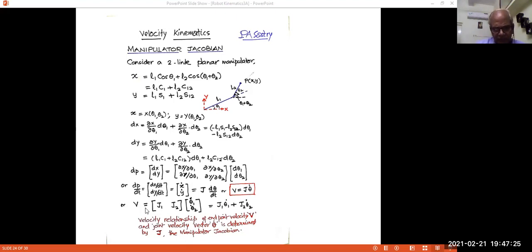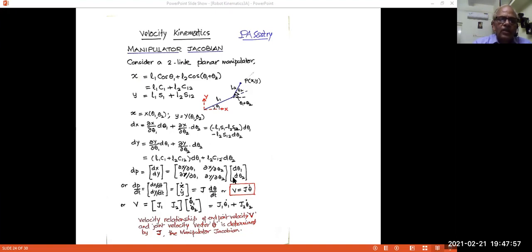If you divide this by time, you will get the velocities. Here, of course, d theta 1 and d theta 2 will become d theta 1 by dt, and so on, which will be theta 1 dot and theta 2 dot. So you will get x dot, y dot equal to J times theta 1 dot, theta 2 dot, or V is equal to J theta dot.